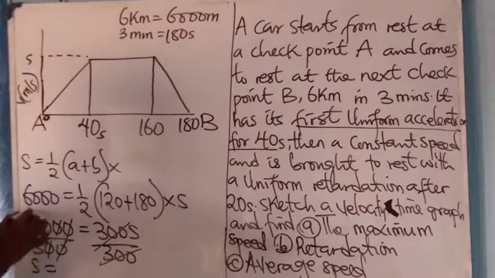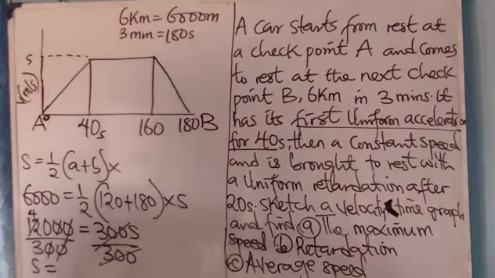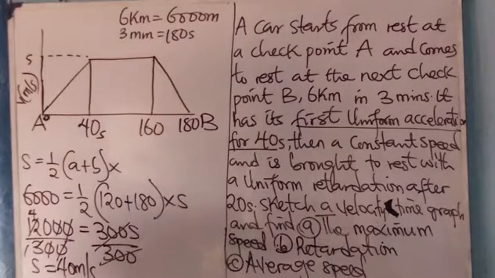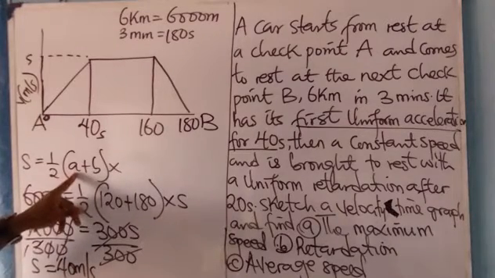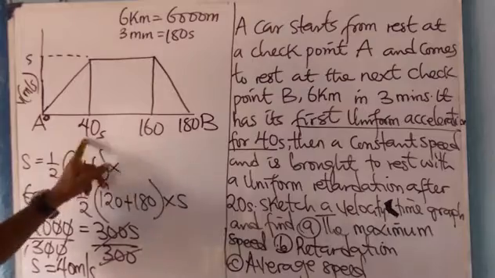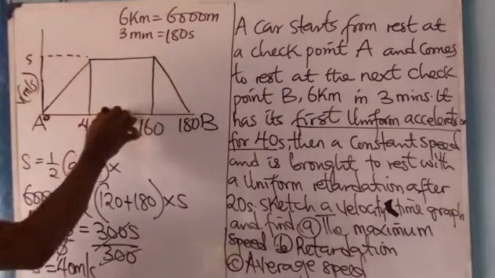So I have that the speed now is equal to 40 meters per second. That is what you have. 1 over 2, the a is this minus this, and you know that these two lines are parallel.